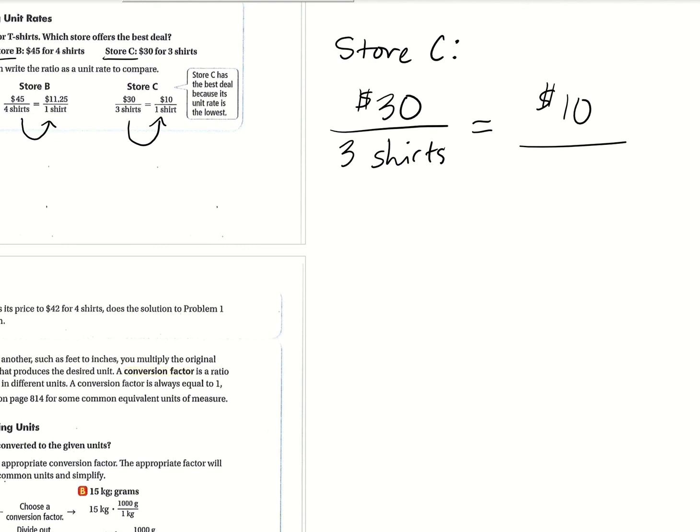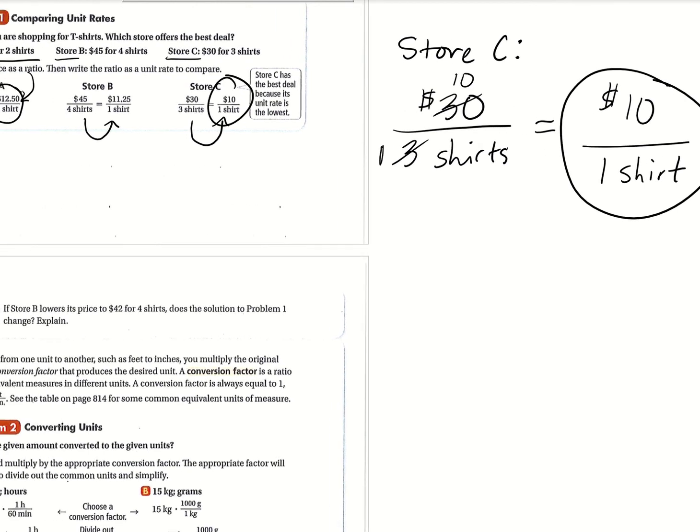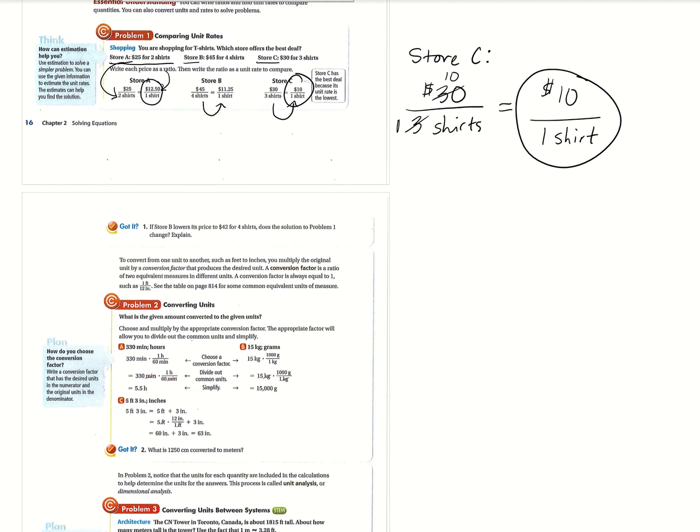And remember, whenever you do this division, you're left with a 10 here, and you're left with a 1 here, not a 0. So don't get that one confused. All right, so $10 for 1 shirt is store C, which you see here as well. All right, so pretty simple again.